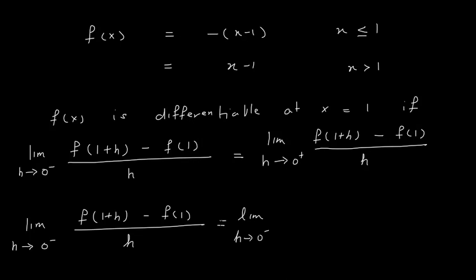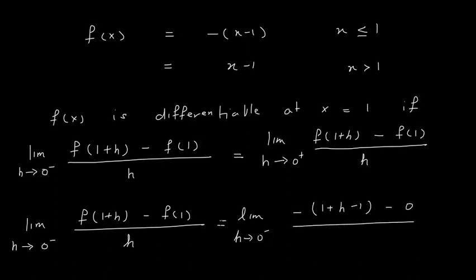When we take the value of h slightly less than 0, this will become slightly less than 1, so your answer will be minus. Now in place of x you are replacing 1 + h, so this is -(1 + h - 1), and then you have minus f(1). So f(1), if we put x = 1, we will get the answer 0.